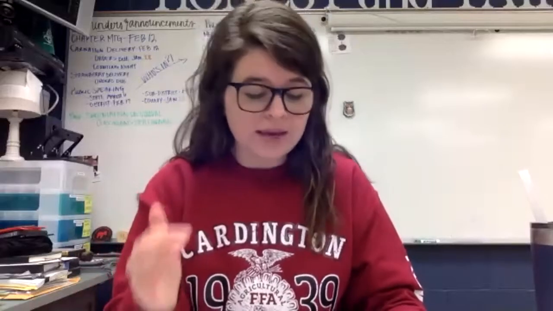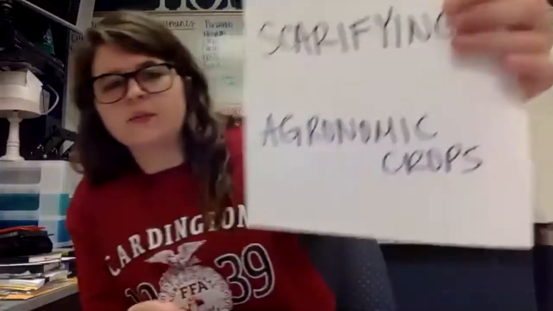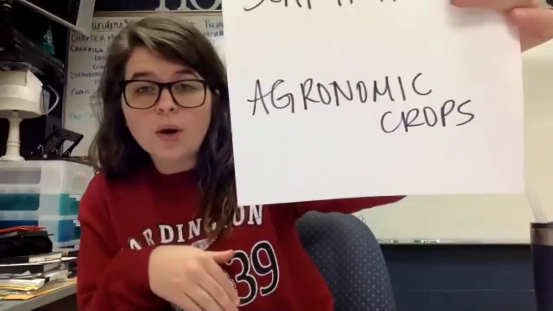The last thing that a seed needs to grow is temperature. So again, this varies on the species of seed. The only way to control the temperature when handling agronomic crops is to plant when the ground is warm.